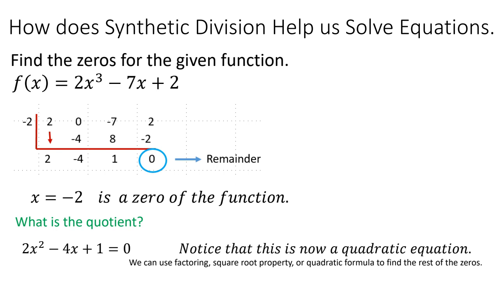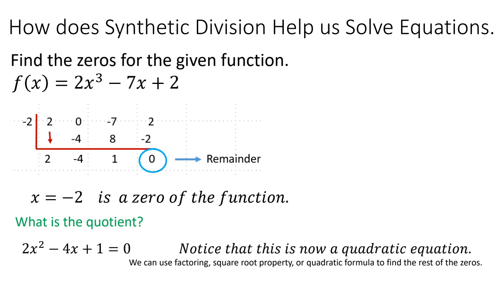And now, instead of having to try to factor a cubic polynomial, we have a lot of stuff under our belt, or some arsenal, that would help us factor 2x squared minus 4x plus 1. There are several techniques we can use when dealing with quadratics. We can factor it, we can complete the square, we can use the square root property, or we can use our quadratic formula to find the zeros.